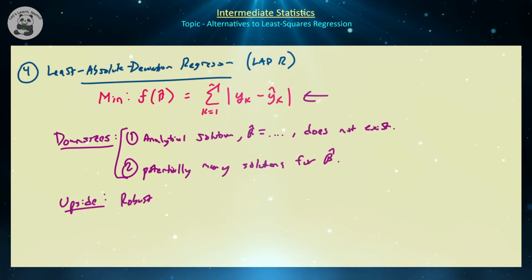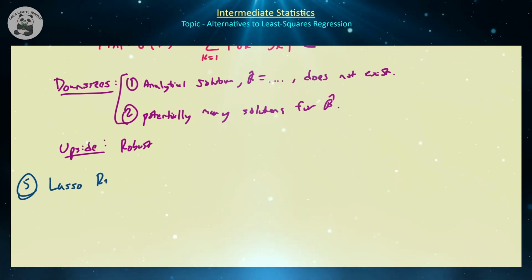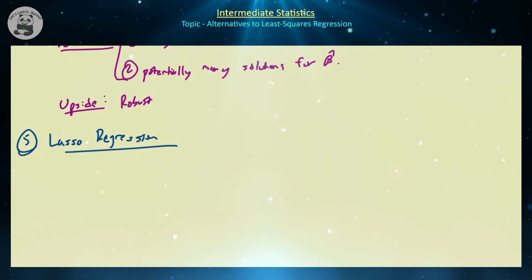Now, another method that is closely related to the least absolute deviation regression model is the following. We have our least squares regression model, we have our Tikhonov class, we have our ridge regression, we have our least absolute deviation regression, and the fifth is what we refer to as the lasso regression. So lasso regression, again, tries to minimize something.